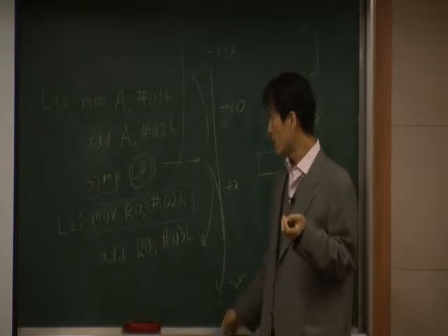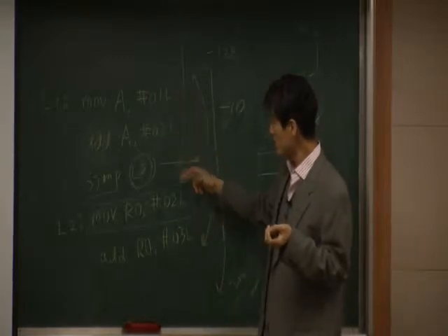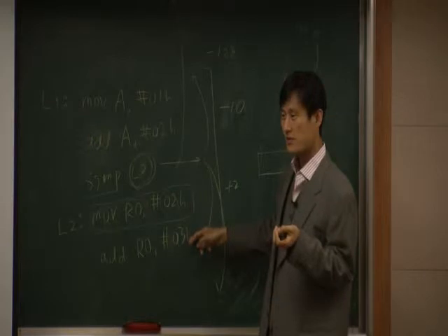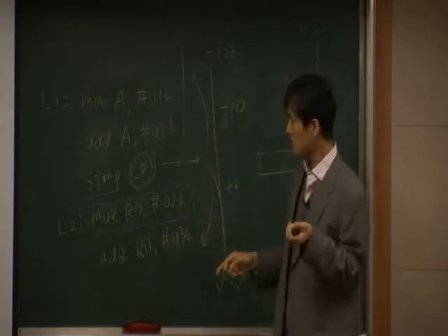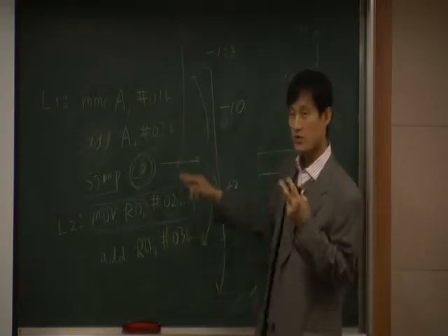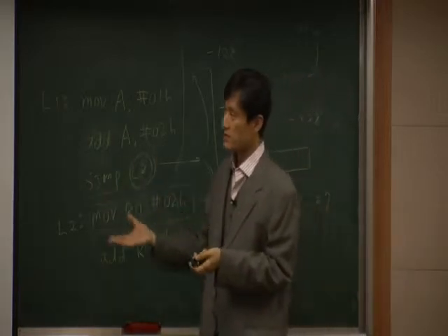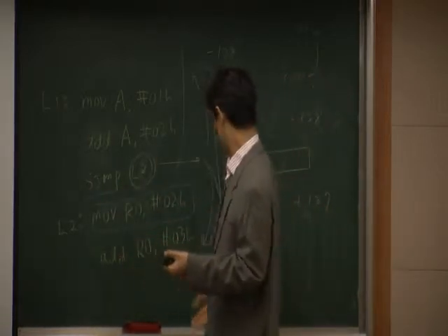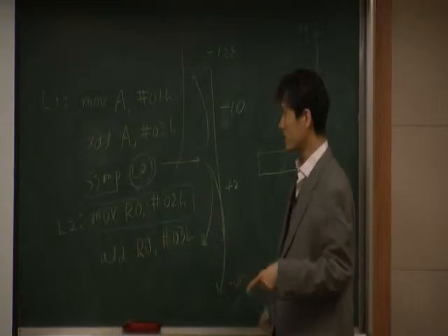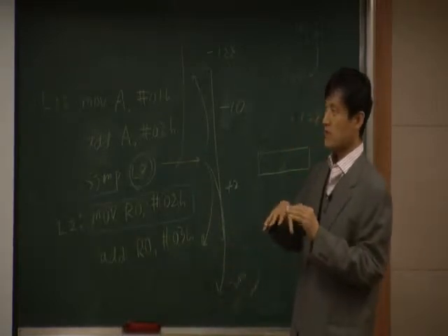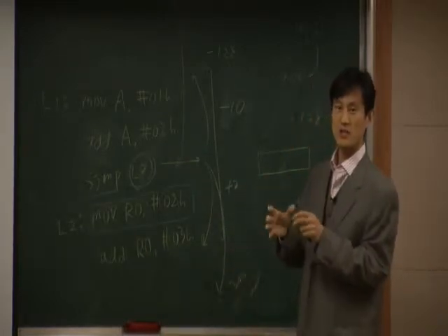Actually, these are very simple instructions, so all of them need only 2 bytes each. But there are some other, more complex instructions, which we'll see later. For example, a conditional jump.